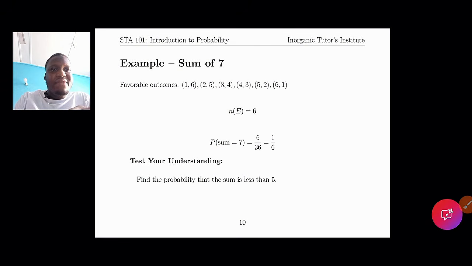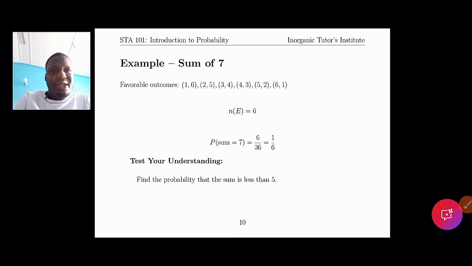For the sum of 7, the event is 1 6, 2 5, 3 4, 4 3, 5 2, and 6 1, as we listed before. The number of elements in the event here is 6, and the number of outcomes in the sample space, as we saw from that 6 by 6 table, is 36. So the probability of a sum of 7 equals 6 over 36, which is 1 out of 6.